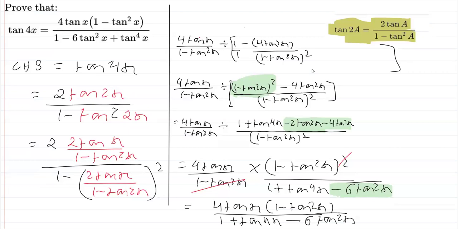And I can see that this is equal to the RHS. And that is what we needed to prove. So we can see that we just applied this identity twice, and that helps in solving this question.